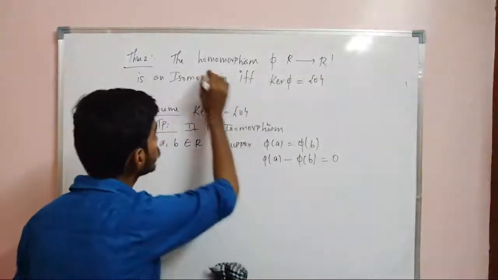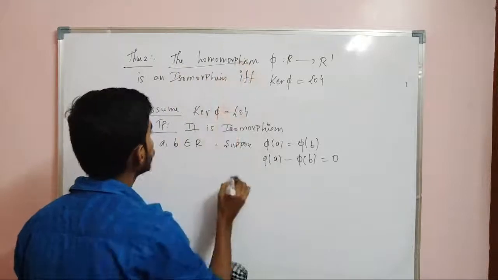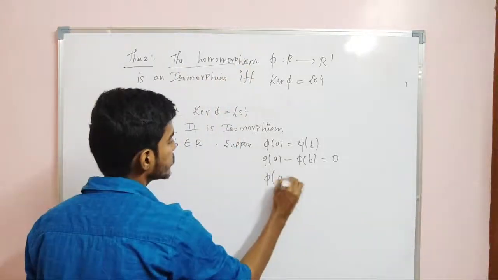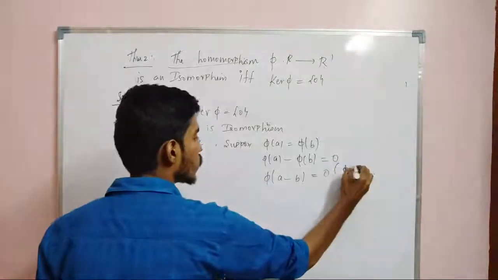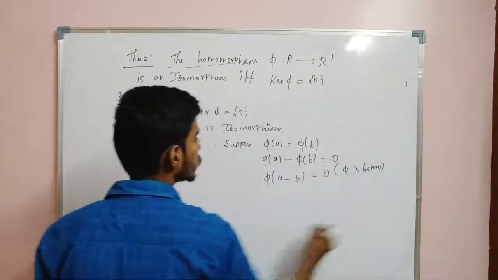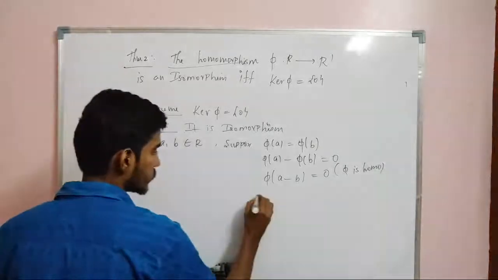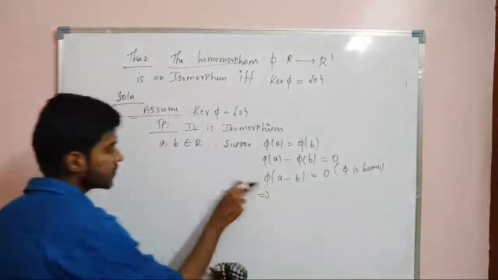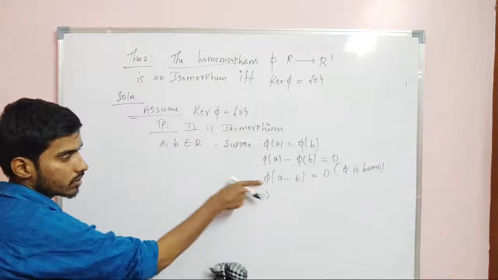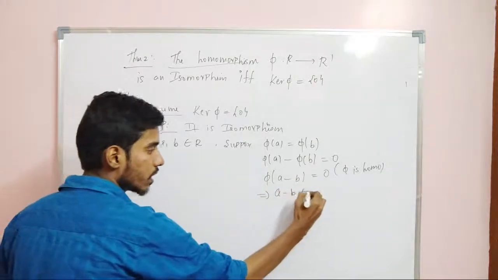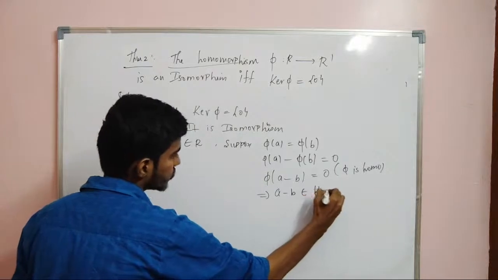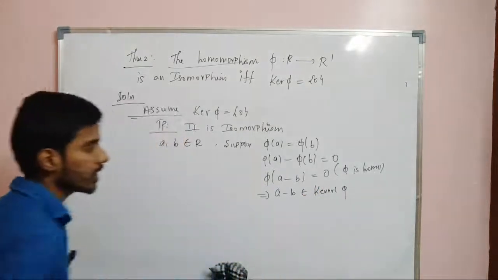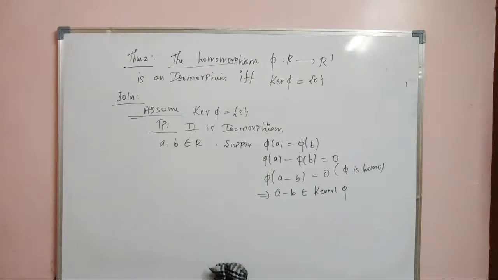And we already know phi is a homomorphism. So I can write this as phi of a minus b is equal to 0, right? Because phi is a homomorphism. And this implies a minus b belongs to the kernel of the map, because phi of a minus b is equal to 0 means a minus b belongs to the kernel.